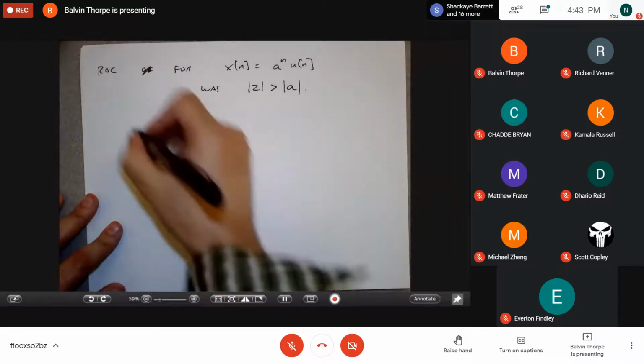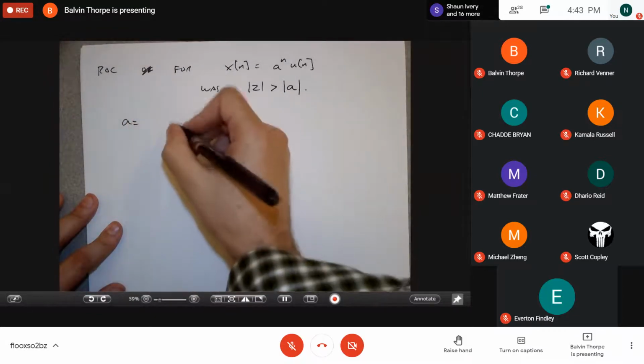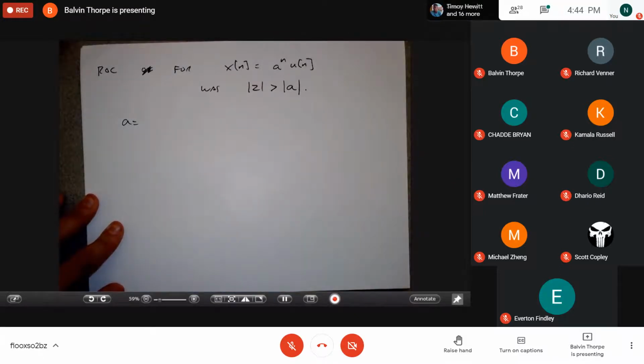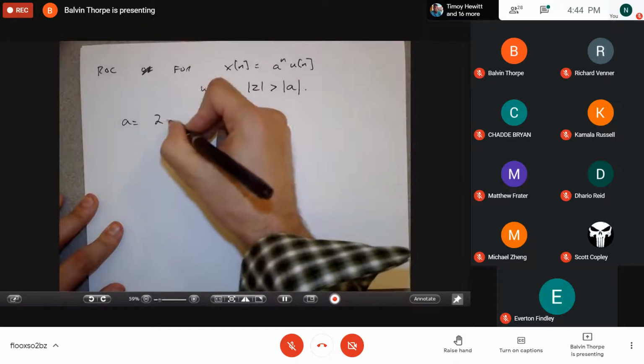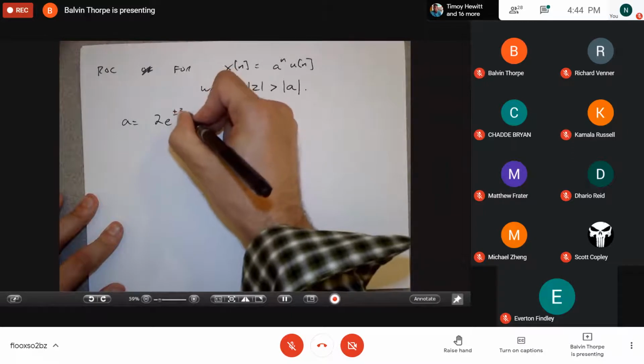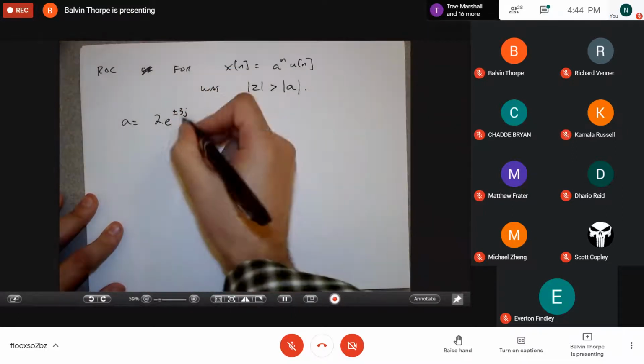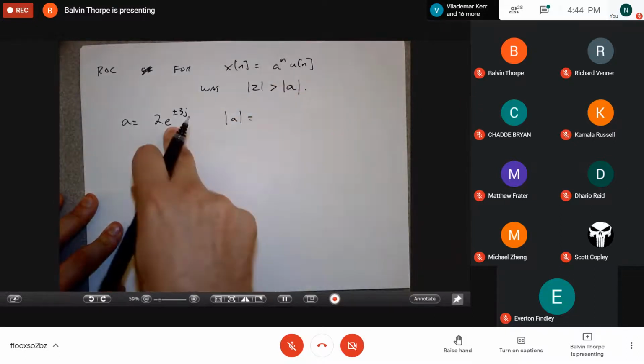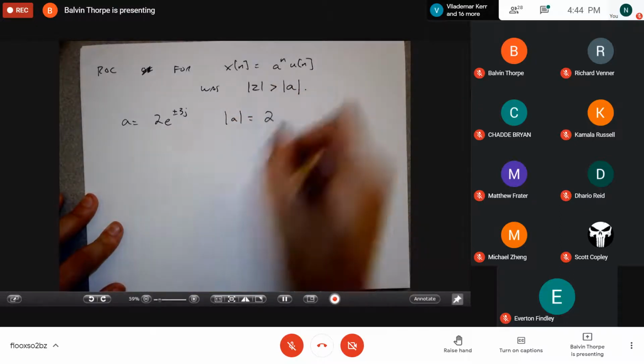So in this case, a is going to be like, what was it? It was like 2e to the plus or minus 3j, right? This is just some complex number that has magnitude 1, right? So the magnitude of this thing is just going to be 2.